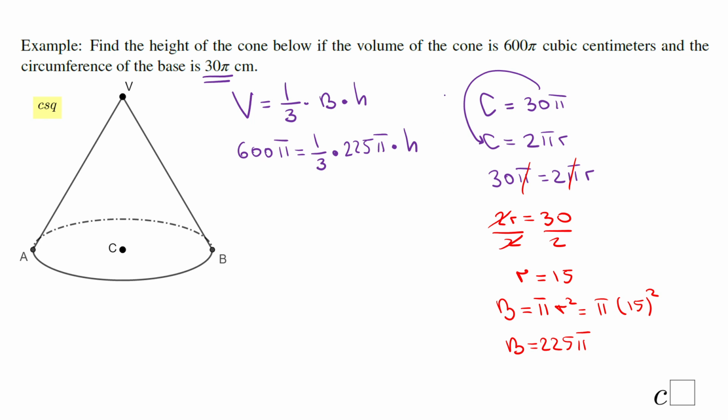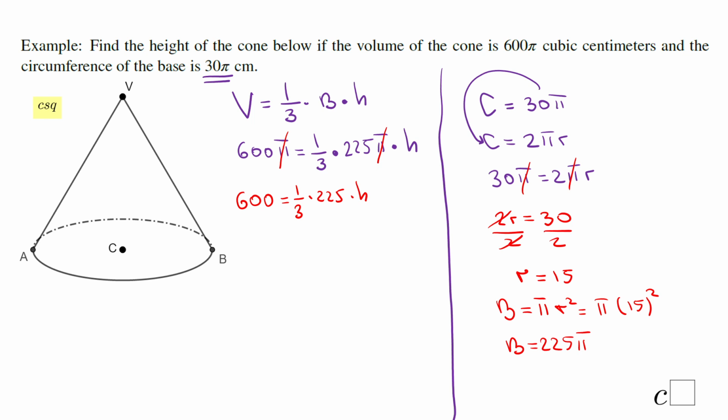The height, remember, we need to find out. Okay, so my first thing that I will do here will be to simplify this pi. Remember, if you have something like that, you can do it. And then you want to solve for h. Let me copy this one more time. 600 equals 1/3 times 225 times h.